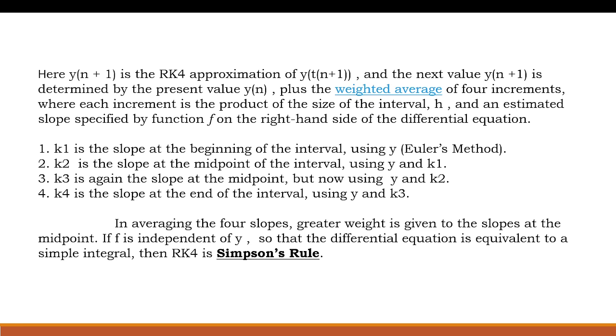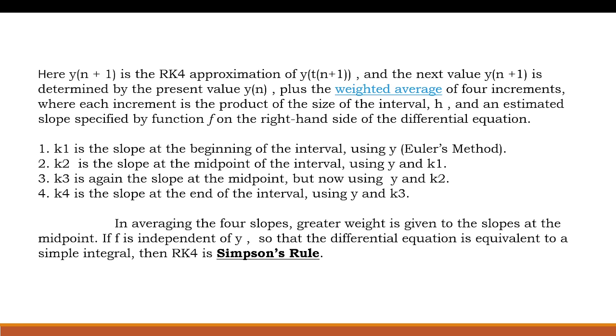Here k1 is the slope at the beginning of the interval using y, say as in the Euler method, and k2 is the slope at the midpoint of the interval using y and k1. And k3 is again the slope at the midpoint, but now using y and k2, and k4 is the slope at the end of the interval using y and k3.